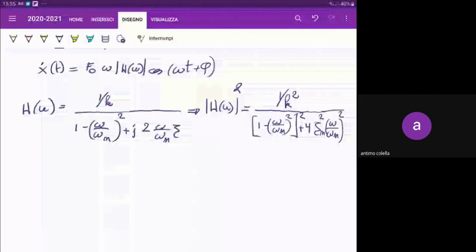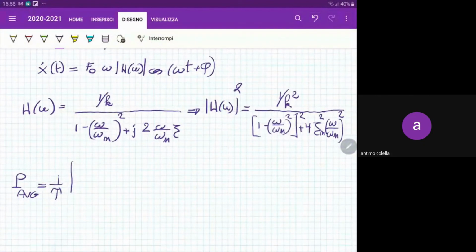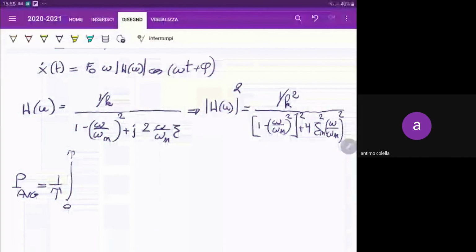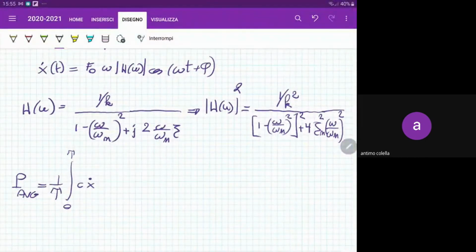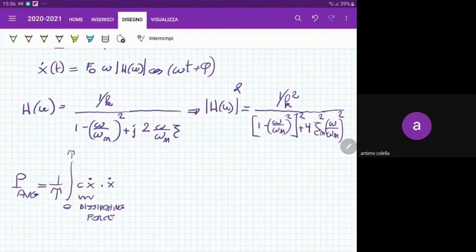Okay, so the average power in a period is given by the integral over all the period, okay, of your C x dot times x dot. Okay, this is the dissipating force, and that is the velocity. Okay, and we have to take the average over the whole period.